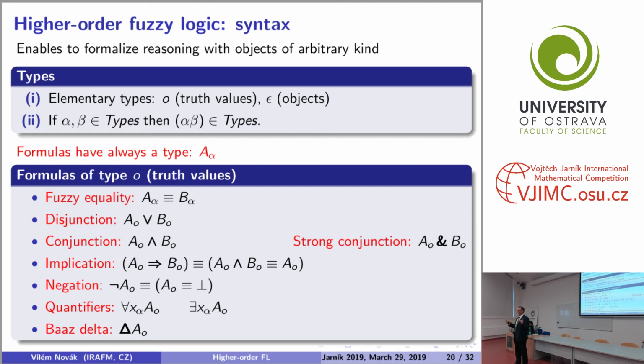And classical logic is only a very special case of fuzzy logic. So in every logic we have more than one conjunction, but in classical logic these two conjunctions coincide. The same for disjunctions. Of course, quantifiers and this Baaz delta and so on.